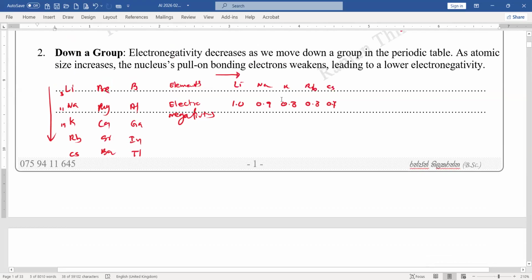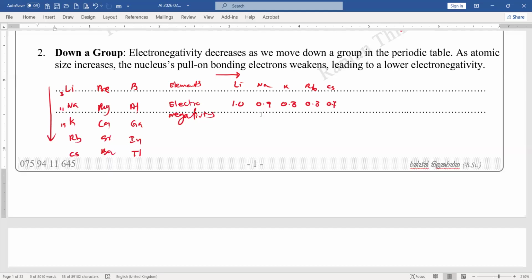But remember that in science, especially in chemistry, we can't give some general rules without exceptions.